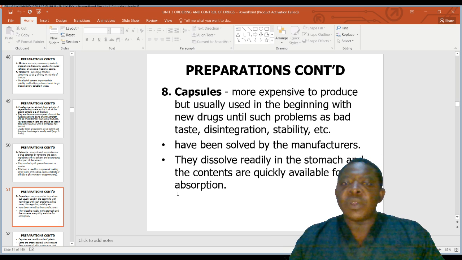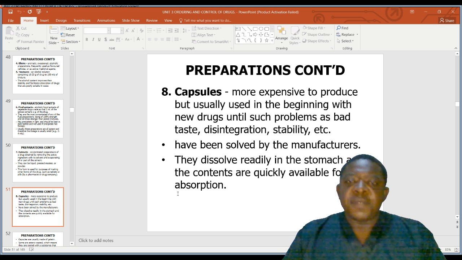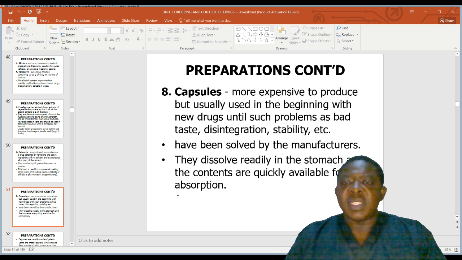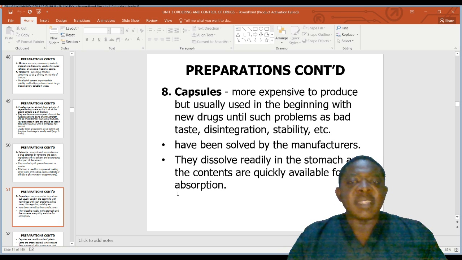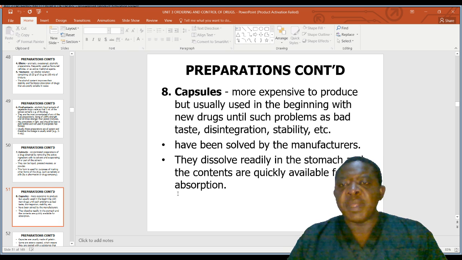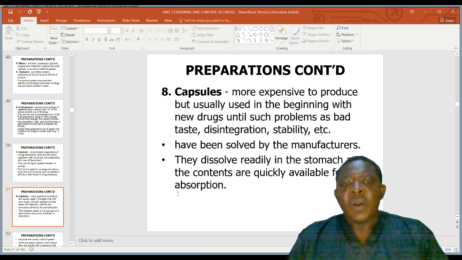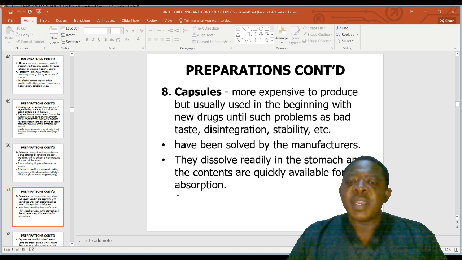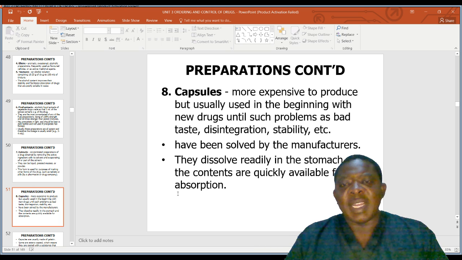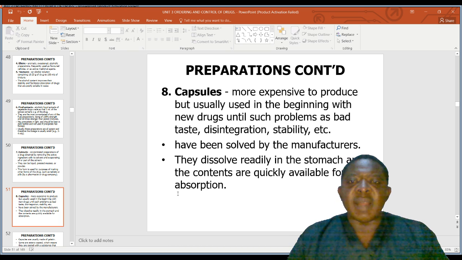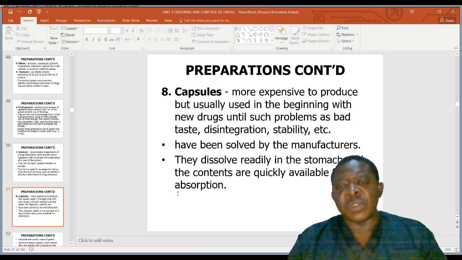Then capsules, more expensive to produce, but usually used in the beginning with new drugs until such problems as bad taste, disintegration, and stability have been solved by the manufacturer in many ways. At this time, the formation of capsules is one of the cheapest.